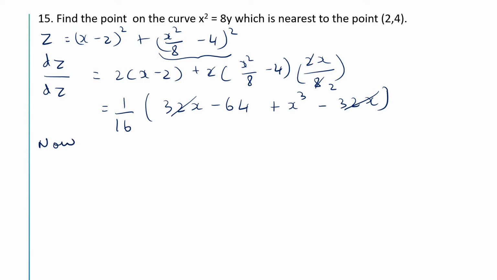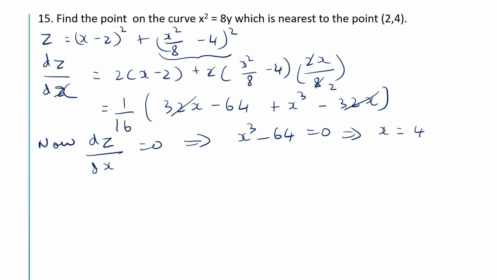Now, sorry, this is x. dz by dx equal to 0 implies x cube minus 64 equal to 0, or x cube is equal to 4 cube, or x is equal to 4.